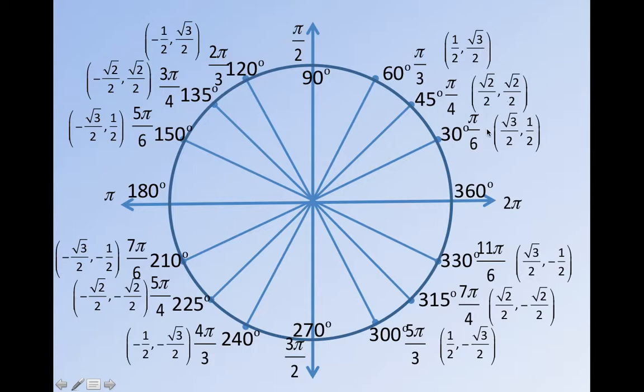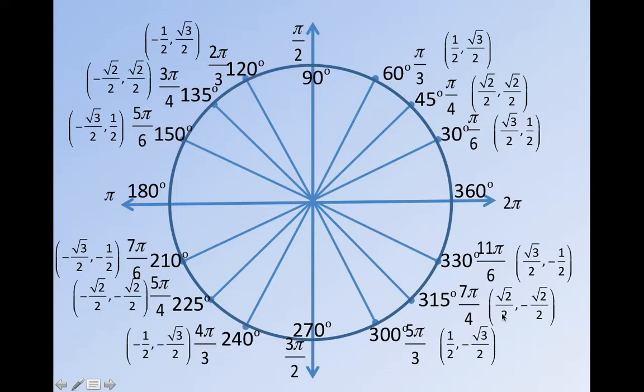Now, these are not mathematical patterns really. I mean, they are mathematical patterns, but the way that I'm remembering them is just to help me. It's just a little mnemonic device. 3 on the denominator starts with 1/2. 4 on the denominator, square root of 2 over 2. 6 in the denominator starts with the square root of 3 over 2. And that works every single time.